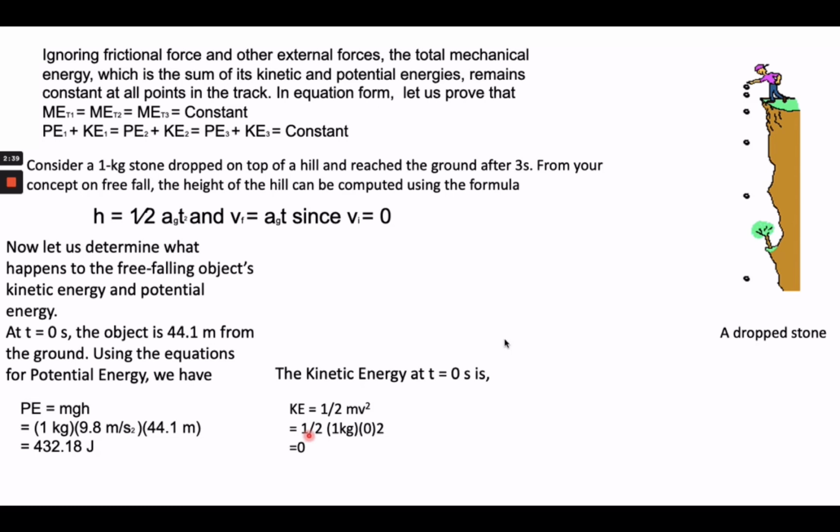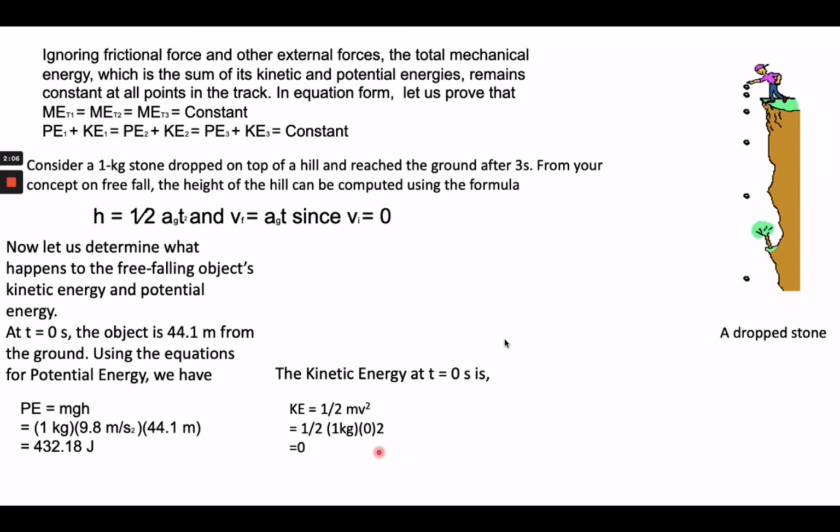We simply substitute 1/2 times 1 kilogram, this is the mass of our object. And since the guy at 0 seconds didn't drop the stone, therefore its velocity is 0. So we multiply those given, and that would give us 0 joules for its kinetic energy.